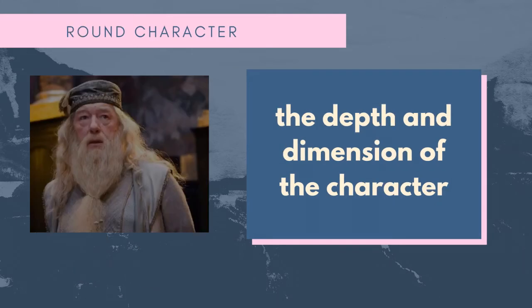Next one is your round character. It talks about the depth and the dimension of the character. Now here I have the example from Harry Potter again. It is Albus Dumbledore. The Hogwarts headmaster from Harry Potter is one such character, a man of many secrets and contradictions.